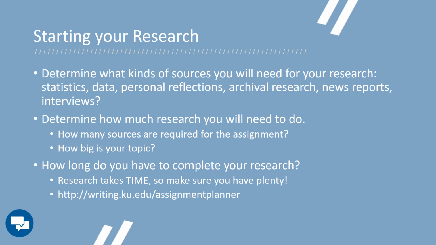So it gives you some management of deadlines for yourself, such as you should have a topic by this date. You should have done research by this date. You should have a rough draft by the following date. So if time management is not your strong suit, this would be a great tool to use from the writing.ku.edu website.